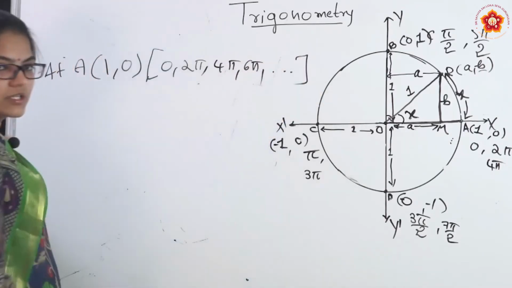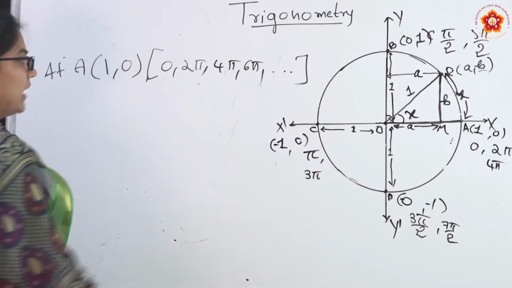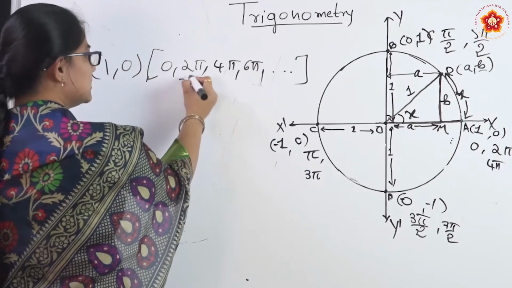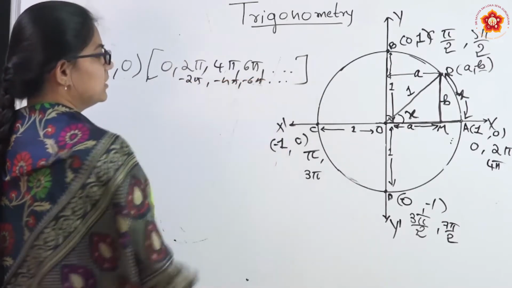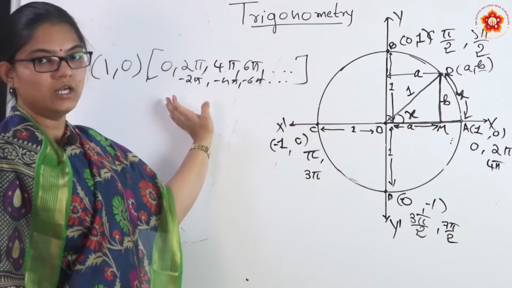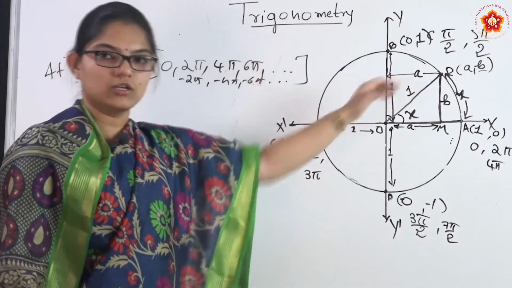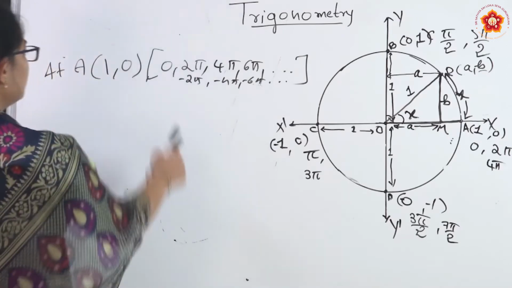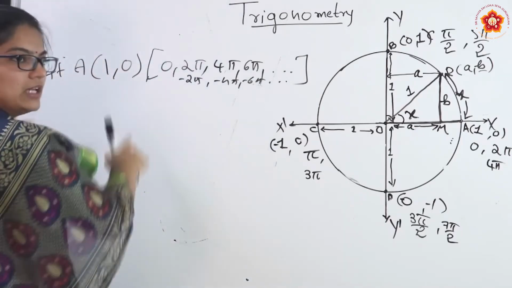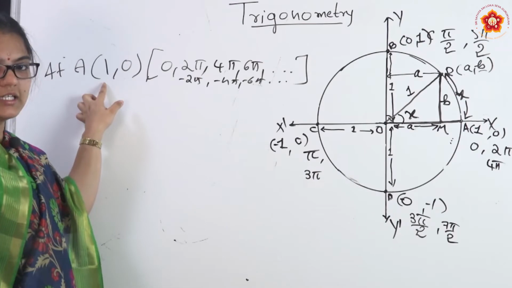Not only these positive angles, you can consider minus 2 pi, minus 4 pi, minus 6 pi, everything will come here. How will you get the negative angle? By rotating clockwise, okay. You can consider them also, okay. So for these angles, we can find the values of cos x and sin x.